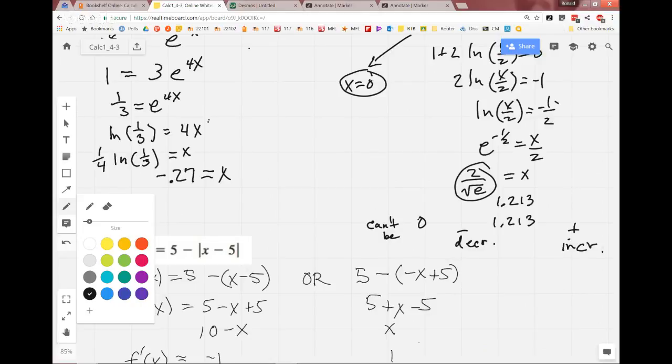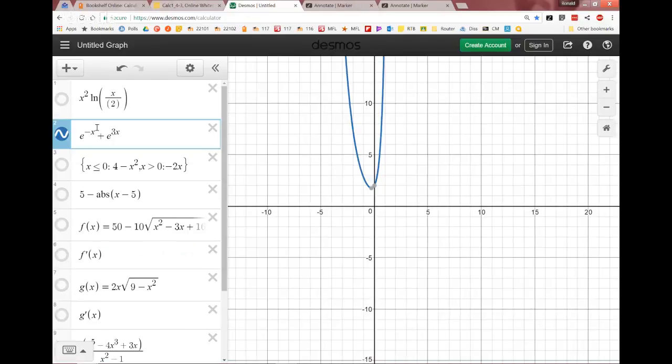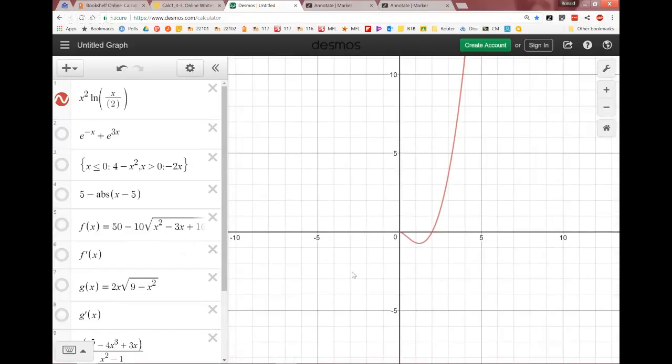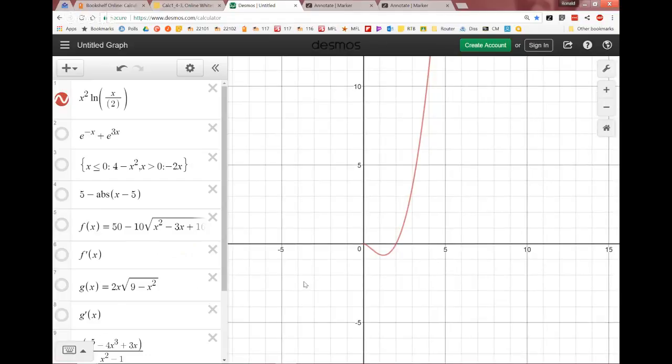So the bottom line is, when you take a look at number 19, it looks like this on Desmos. That's this one up here. So you see how it never gets to the left of 0? Just like we said, it just can't be. And what did we find was the other critical point? 1.213.